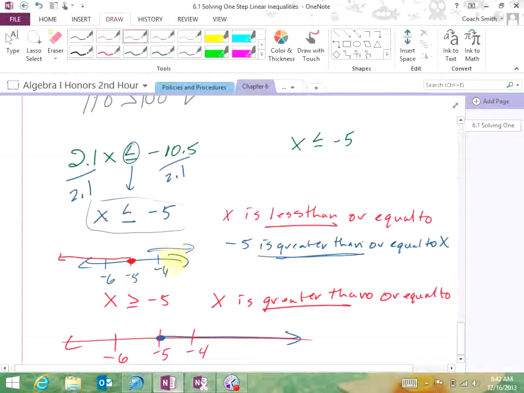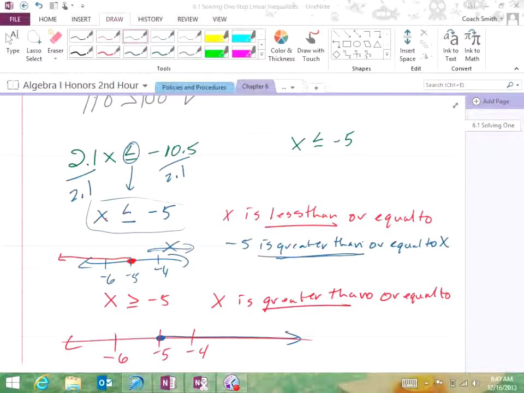That would be wrong. That's why I always try to write it with X first, is less than or is greater than, then the number. So if you put the variable first, the arrow's going to go the way the sign points? Yes. If the variable is listed first, then the arrow is going to go the way the inequality sign points.